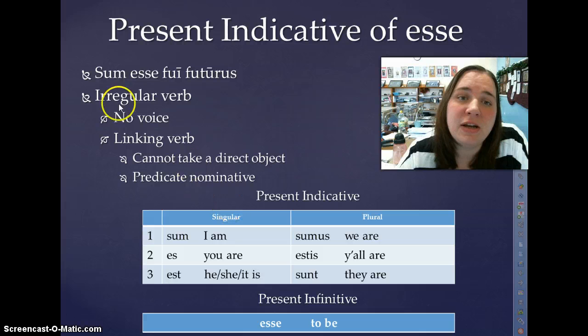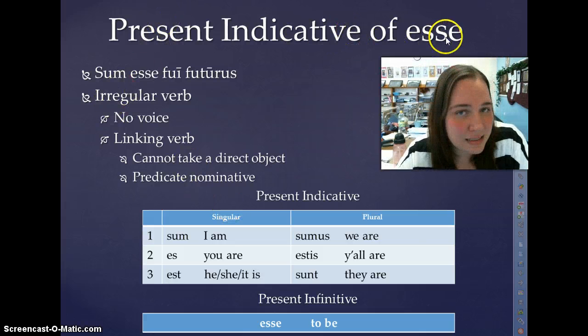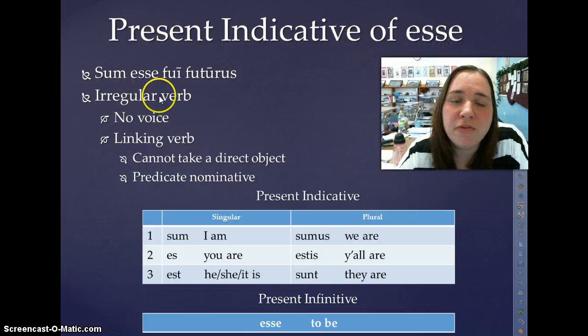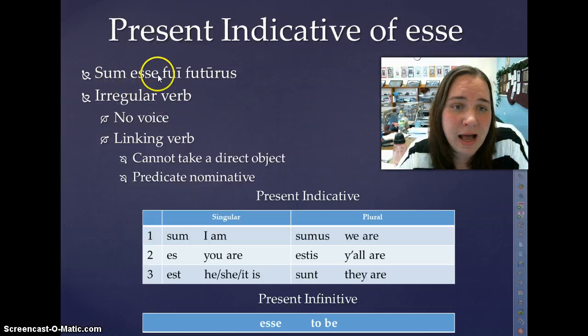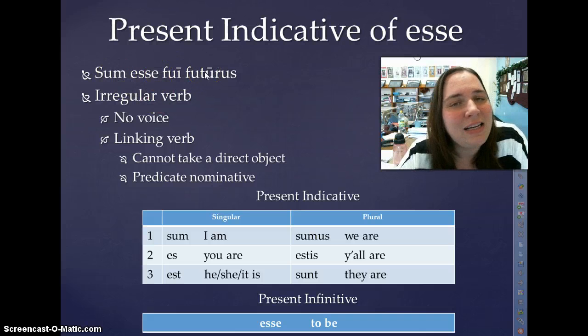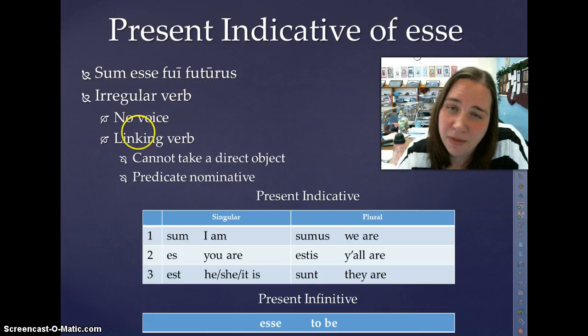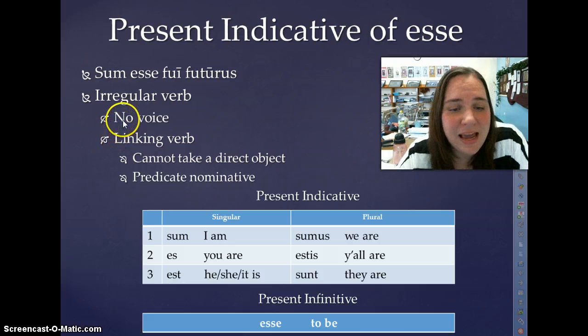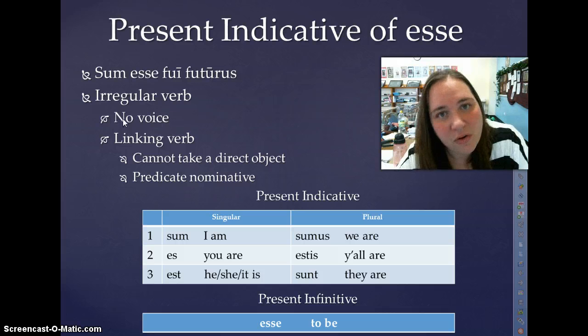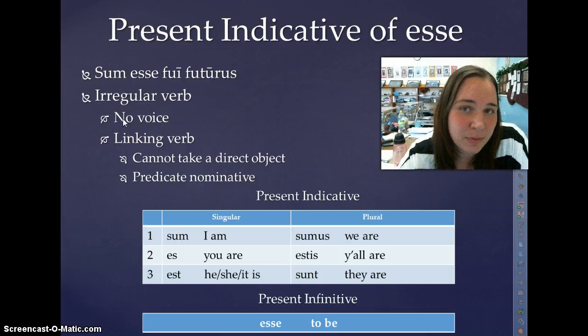But first things first, let's look at the present indicative of esse, to be. The four principal parts of this verb are sum, esse, fui, futurus, and it's just an irregular verb. You have to memorize the forms. A couple of things about the verb to be. It doesn't have voice, so there's no active or passive, it just is the present indicative.